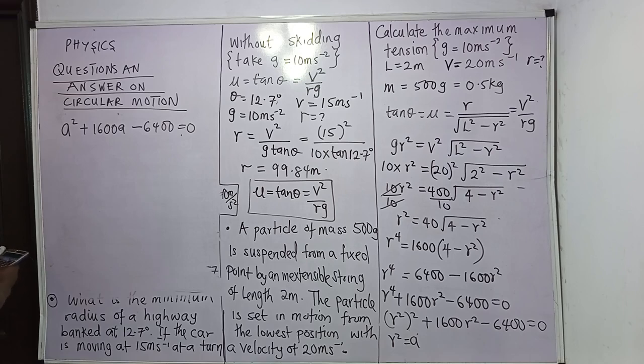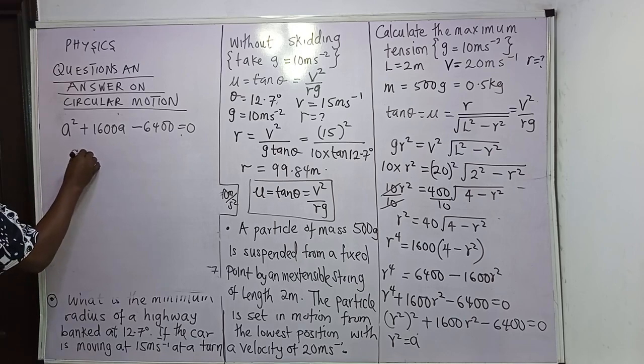Now, if you solve this quadratic equation, we are going to have that A is 1, B is 1600, and C is minus 6400.